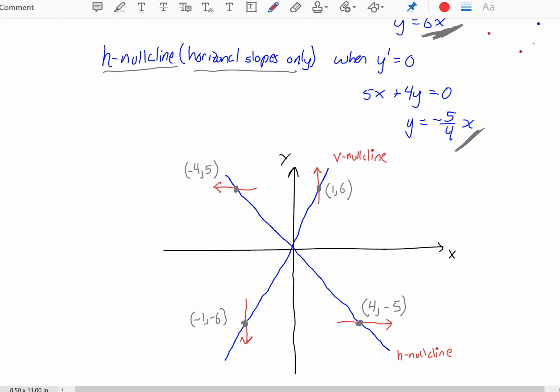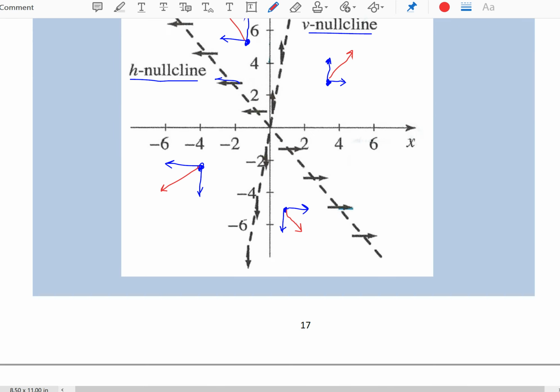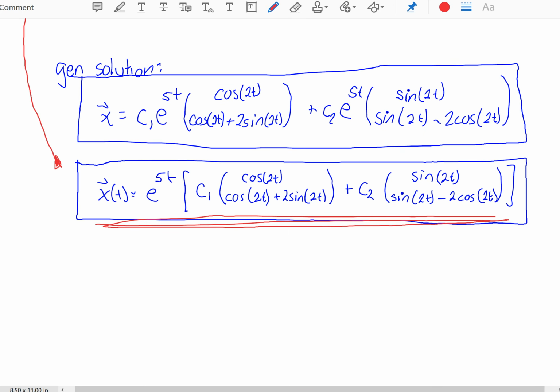Okay, now let's consider what our phase plane is going to look like. If we look back at our original solution to this system of equations, I'm noticing that both of these components have an exponential portion with a positive exponent. This tells me that as time goes on, solutions will get larger. They increase.